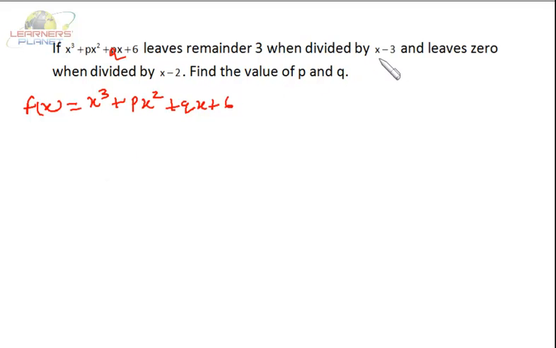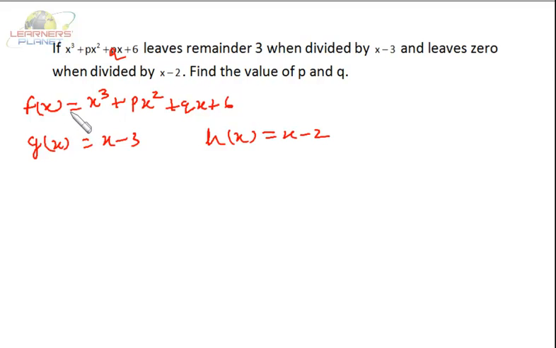And let's suppose x minus 3 as g(x), so g(x) is x minus 3, and this is h(x), so h(x) is x minus 2.